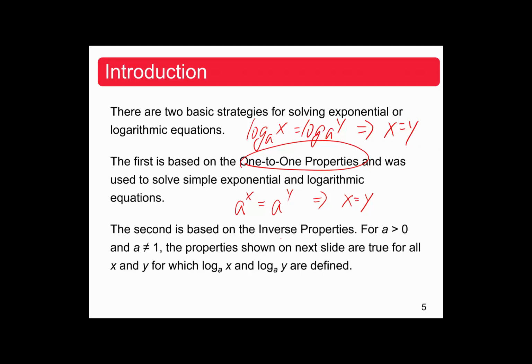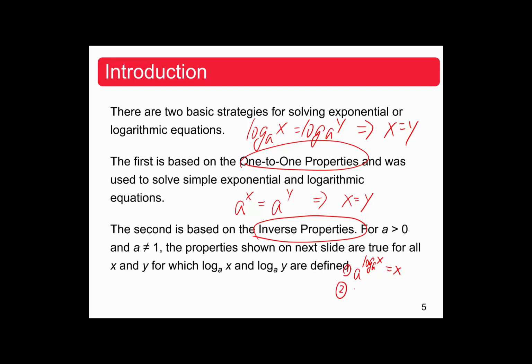The second one is based on the inverse property, meaning we use the inverse function to solve the equation. For example, if you have an exponential function composed with a logarithm function, you end up with x.